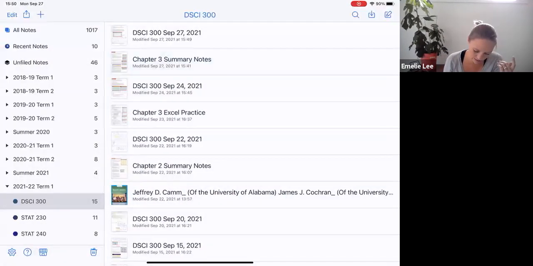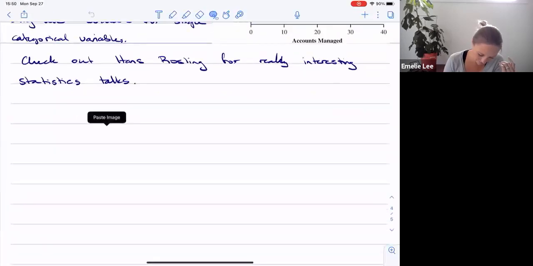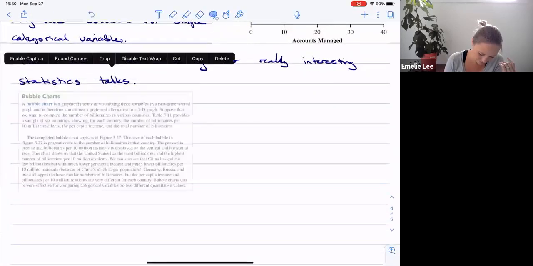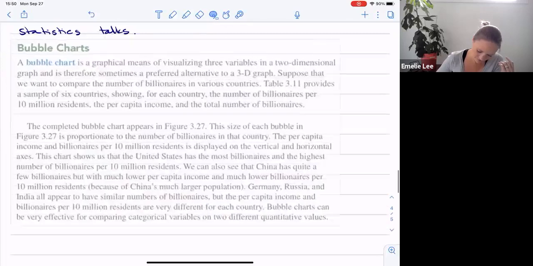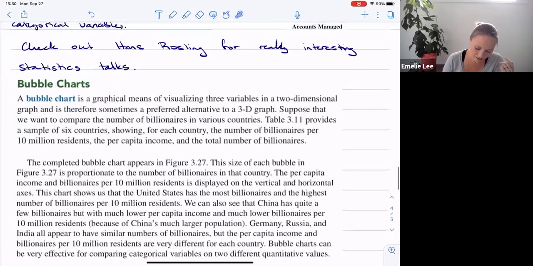So I think I copied it. We'll see here. For me, I would say Hans Rosling really introduced the bubble chart, but I don't want to take it that far. I'm sure it's existed forever, but he popularized the bubble chart.